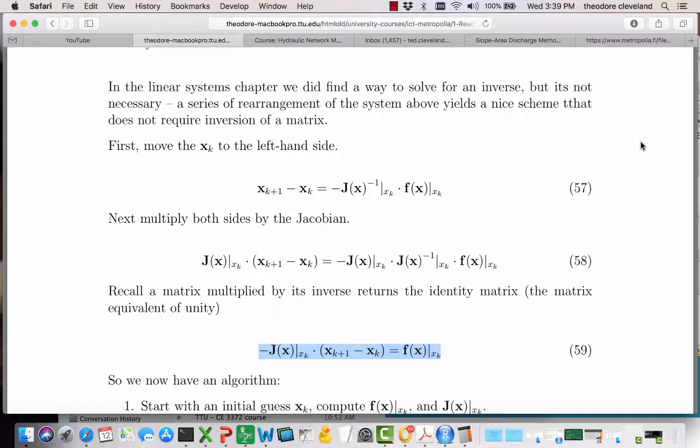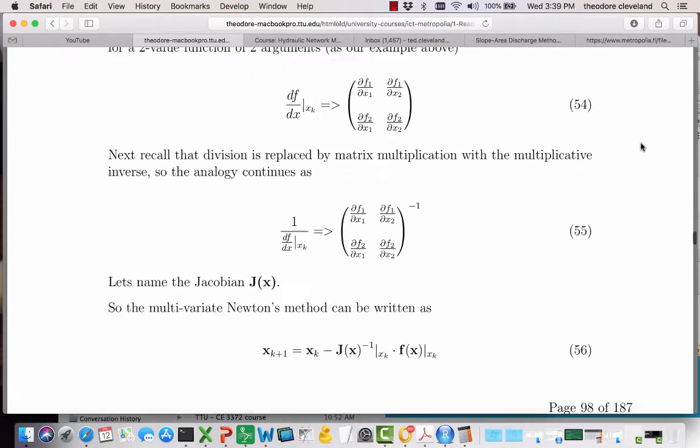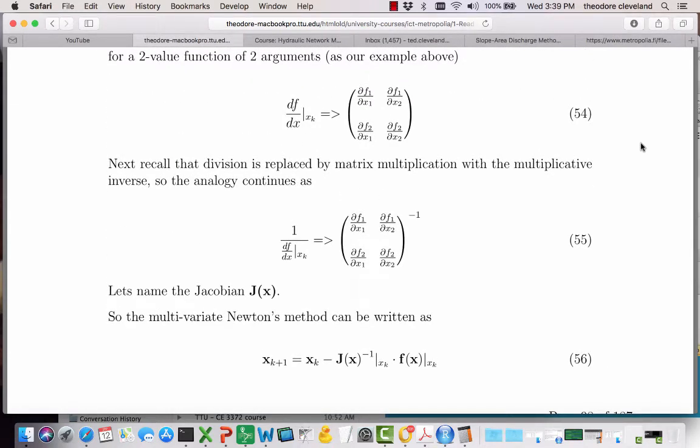I now need to know what the Jacobian is. So let's go look at a definition of a Jacobian. And it says it's the partial derivative of each row with respect to each of the variables. Cool. So let me just make a note to myself. The Jacobian of x, I'm writing this, is df1/dx1, df1/dx2, dot dot dot, df2/dx1, df2/dx2, dot dot dot.